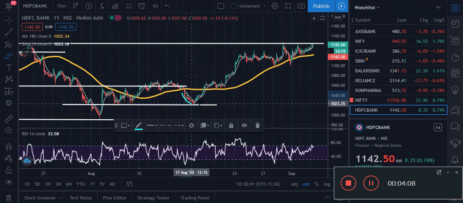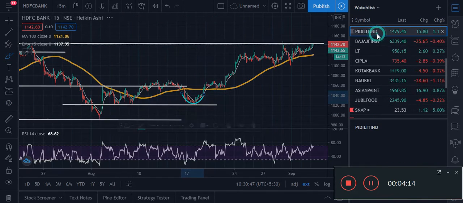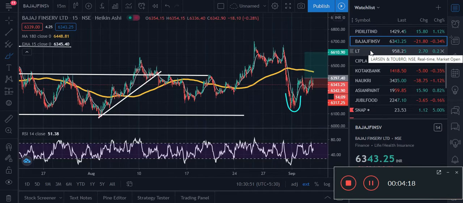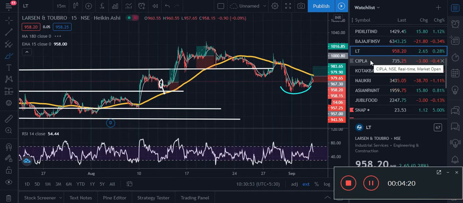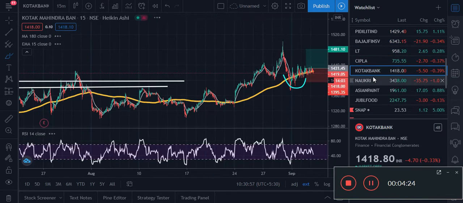This is a beautiful one again. Then Pidilite: I recently took a trade where there were two cup and handles formed. I'm not able to recollect which one that was.